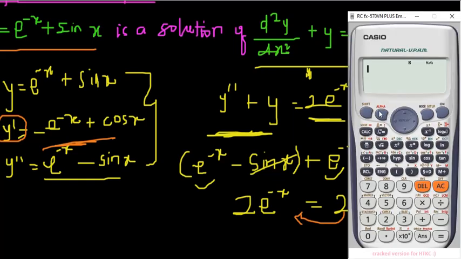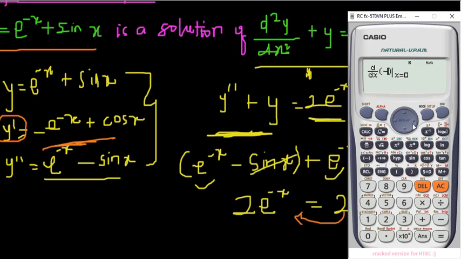So first, after clearing everything, you click on shift, and then you click on the differential or the integral expression, and you end up with this expression. Now you start punching this expression into your calculator. So we have what?